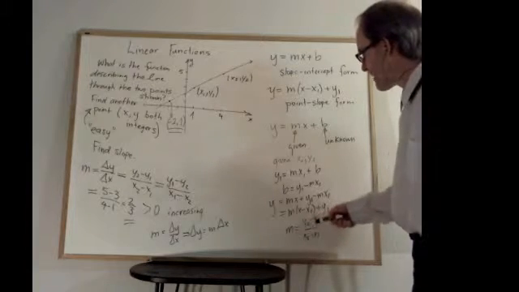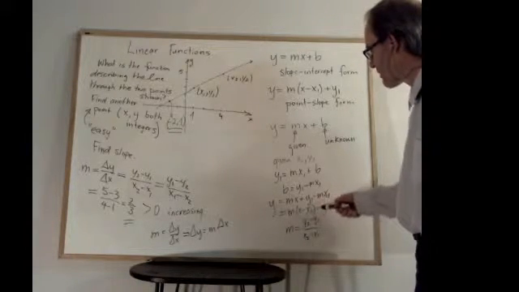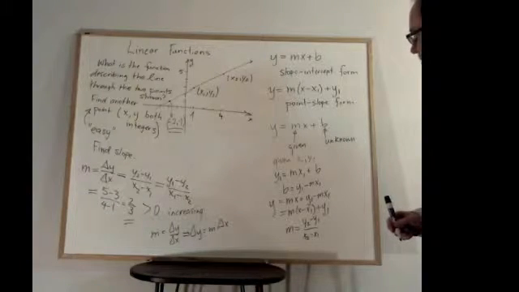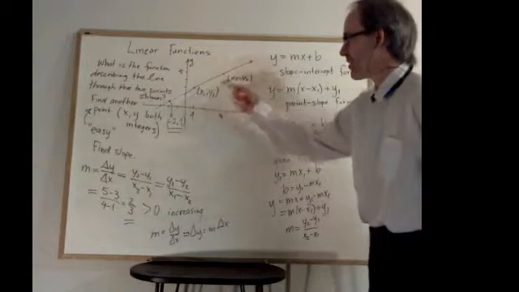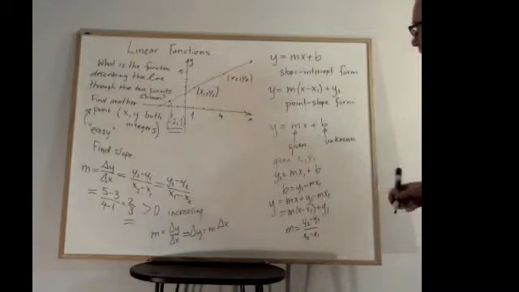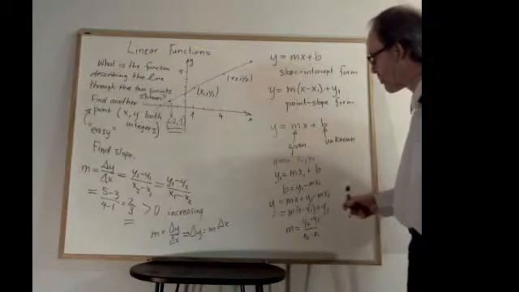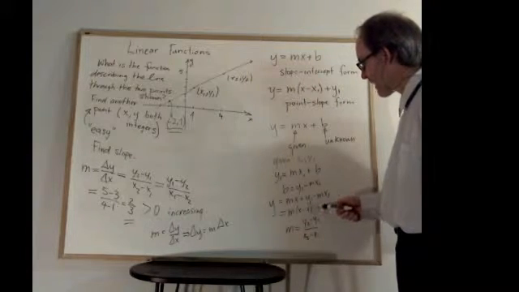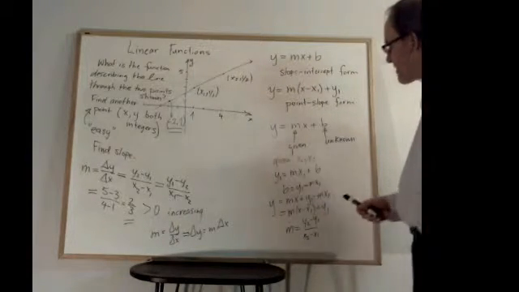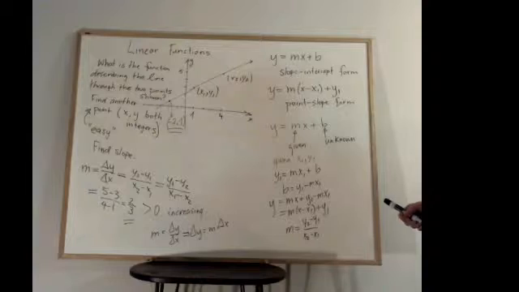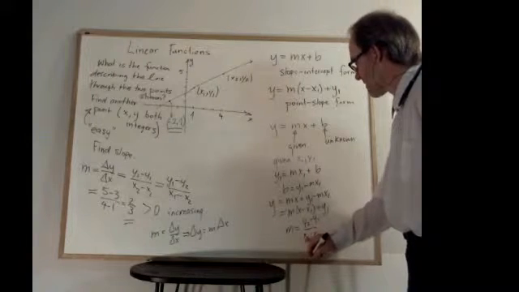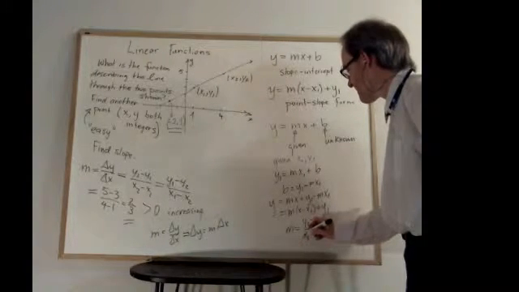So m will be replaced by this form, and the x1 and y1 will already be written in terms of the coordinates of one of the points. Or you could replace x1 by x2 and simultaneously y1 by y2, and that will give you the same equation, as long as the slope is given by this.